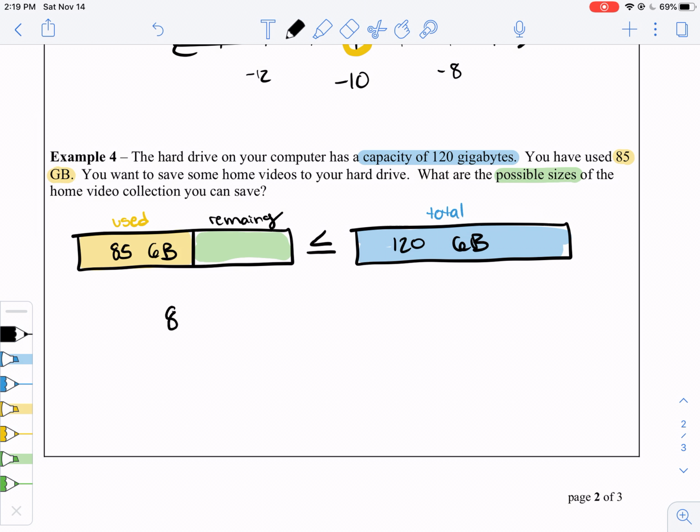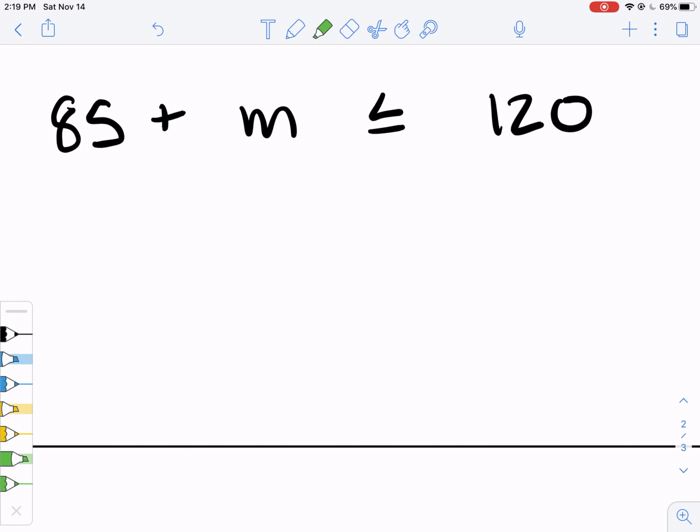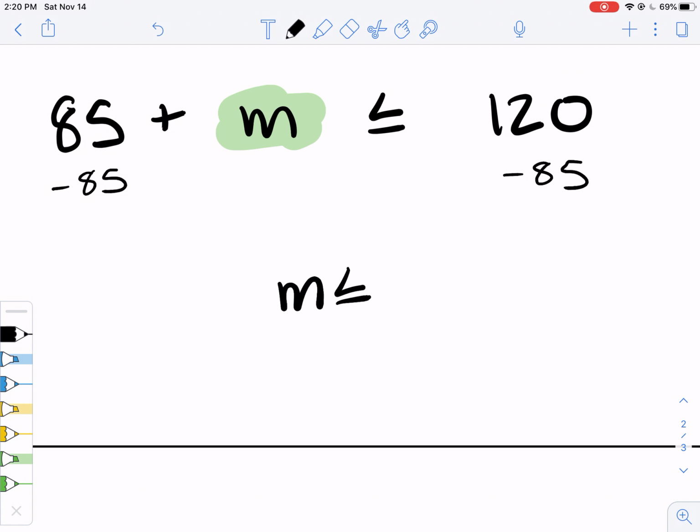Okay, great. So let's put this into algebra. So we've got 85 plus, how about m for memory? 85 plus m is less than or equal to 120. Now we need to find out what m is. So we're going to subtract 85 from both sides. This gives us that m is less than or equal to 35.